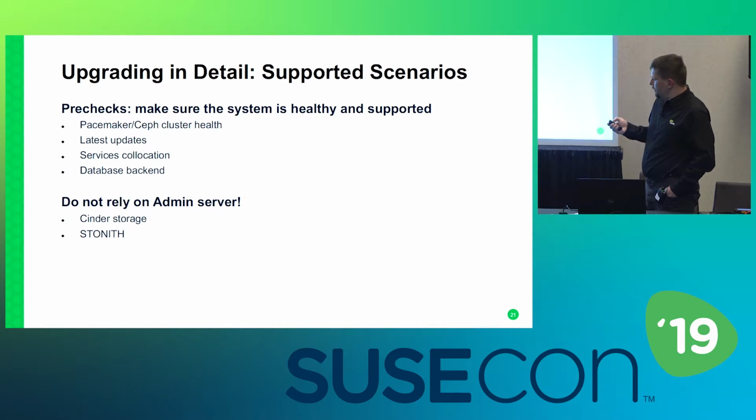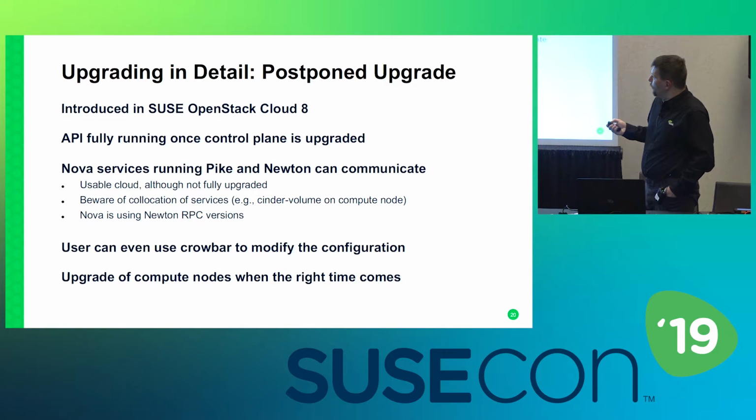Service collocation, okay, I should have mentioned it before, right. When I was mentioning that you have a basically functioning cloud, although compute nodes are still not upgraded, that applies when only Nova compute services are on compute nodes.